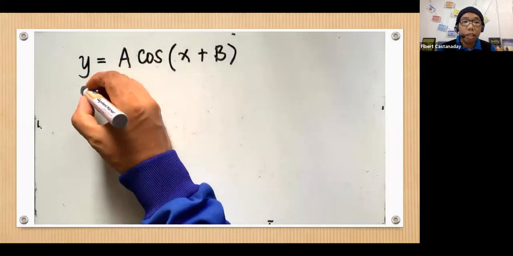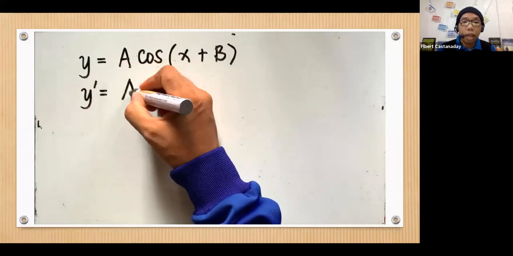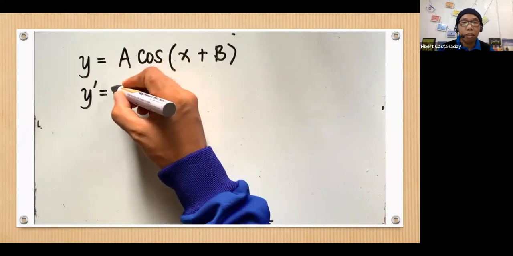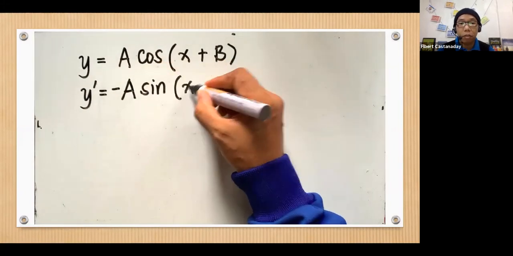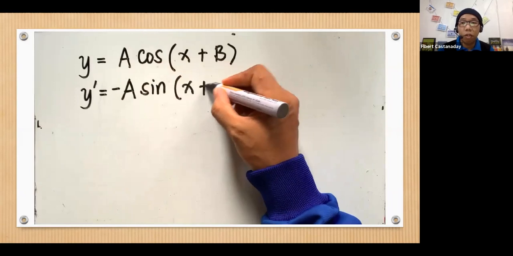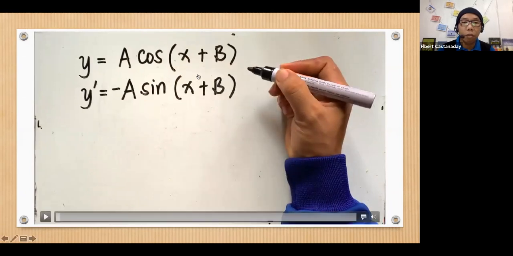So I'm differentiating now. So y becomes y prime equals the right-hand side, so just copy a and then differentiate cosine of x plus b. Remember, the derivative of a cosine is negative sine. This x plus b here is the argument, or the angle of this trigonometric function.